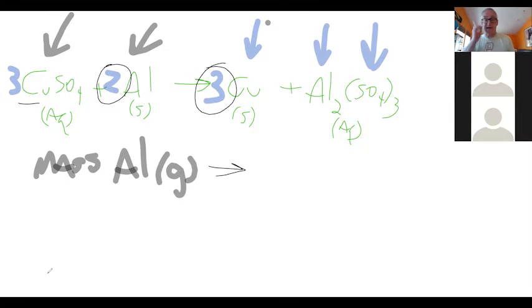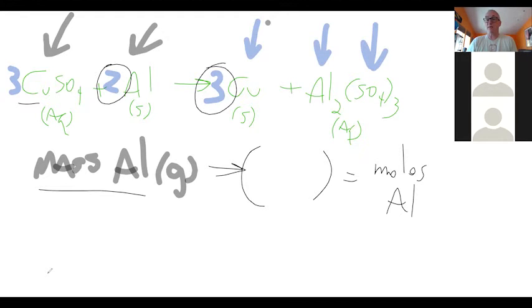They're not grams. It's not 3 grams of copper sulfate plus 2 grams of aluminum give us 3 grams of copper. That's not, it's moles. So what do we do with our mass of aluminum? Right, John, we convert grams to moles. So I want moles of aluminum. How am I going to do that? I need to multiply this by something that at the end of it, I get moles of aluminum. What do I multiply this mass of aluminum by to get moles out?